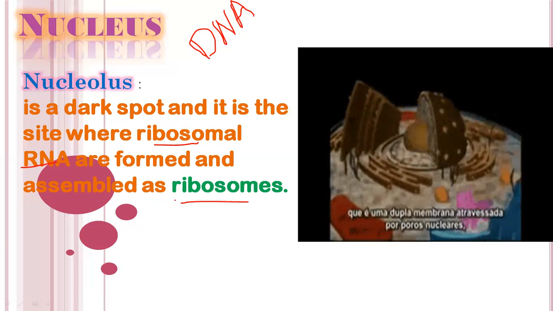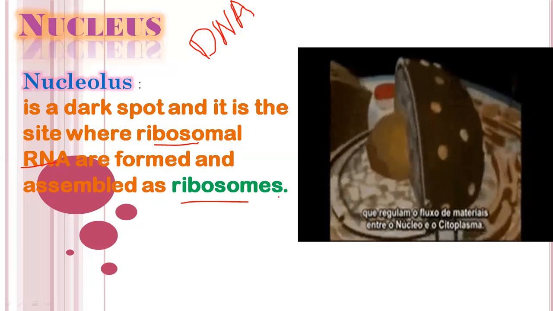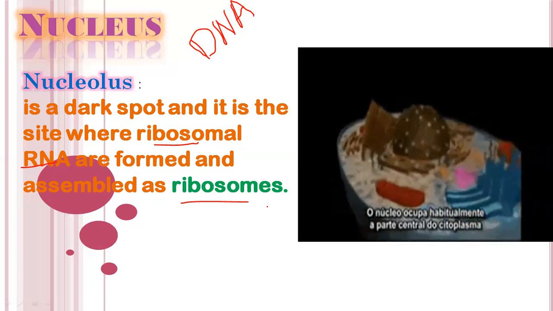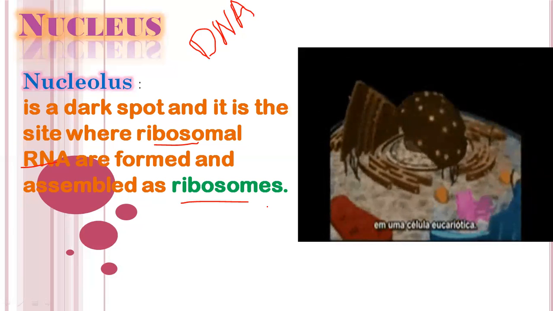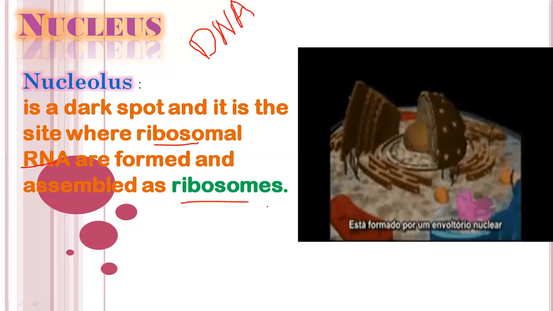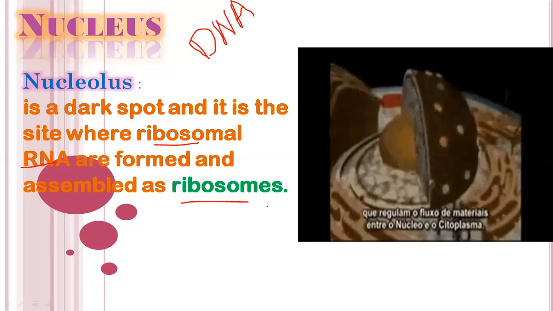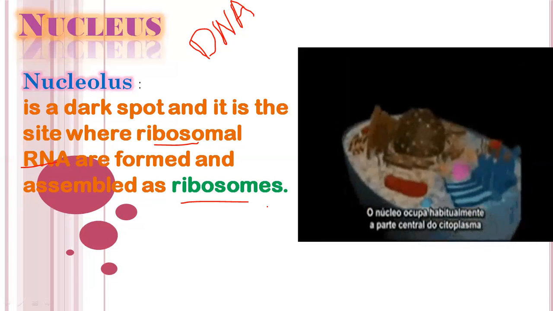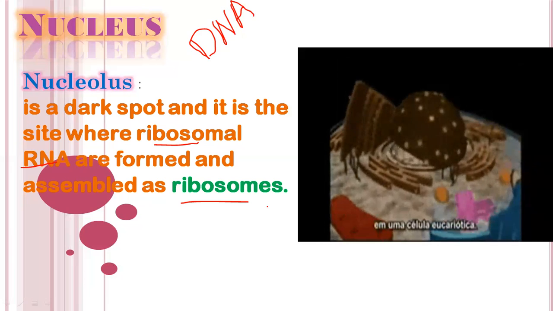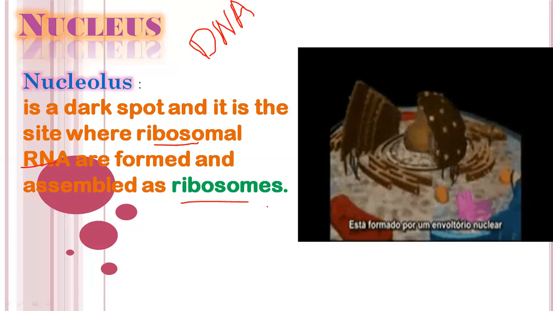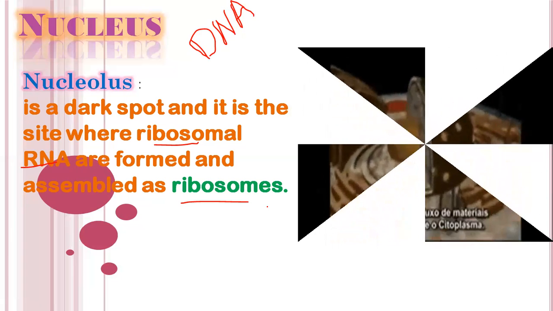When it assembles, it forms ribosomes. Ribosomes are another cell organelle. We will talk about them in the next slides: what is the function and what is the structure of ribosomes. So the nucleolus is a very important organelle of the cell, present in the nucleus, and its function is to form ribosomes.